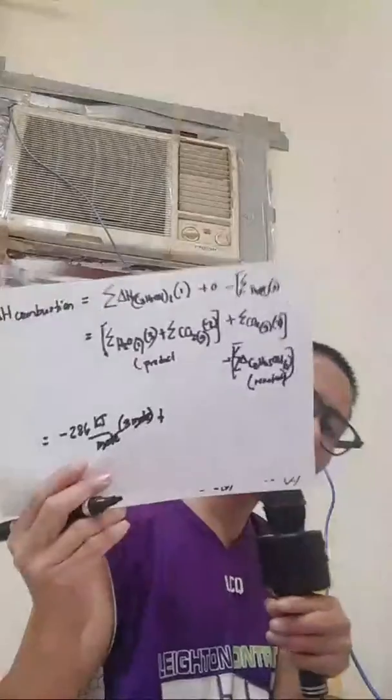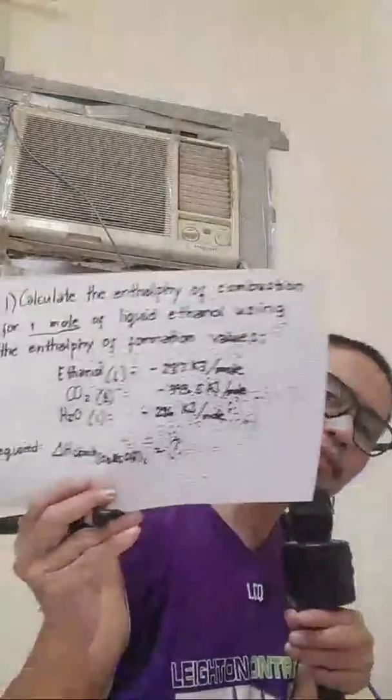Plus the summation of enthalpy of formation of carbon dioxide gas. That is here, negative 393.5. Substitute that here, negative 393.5 kilojoules per mole times 2 moles. So times 2 moles. So cancel the moles.